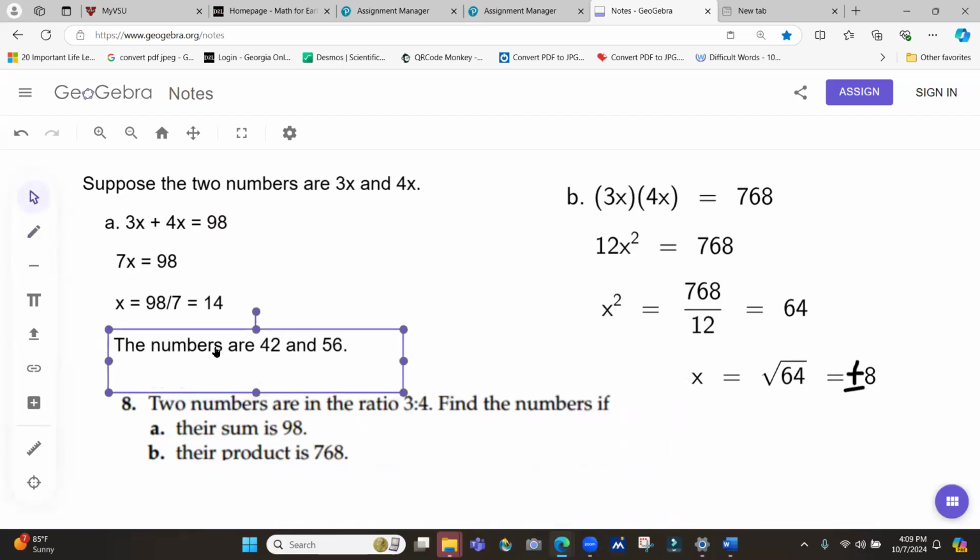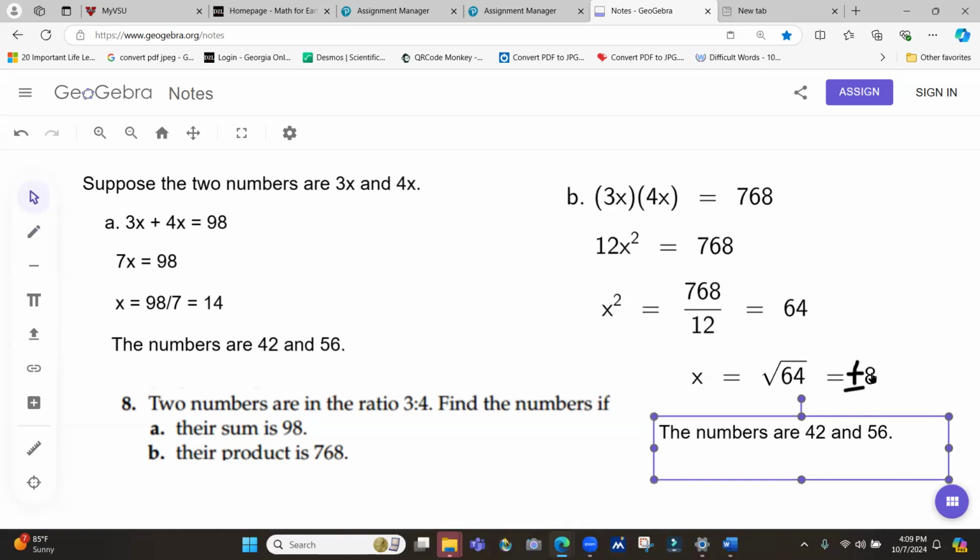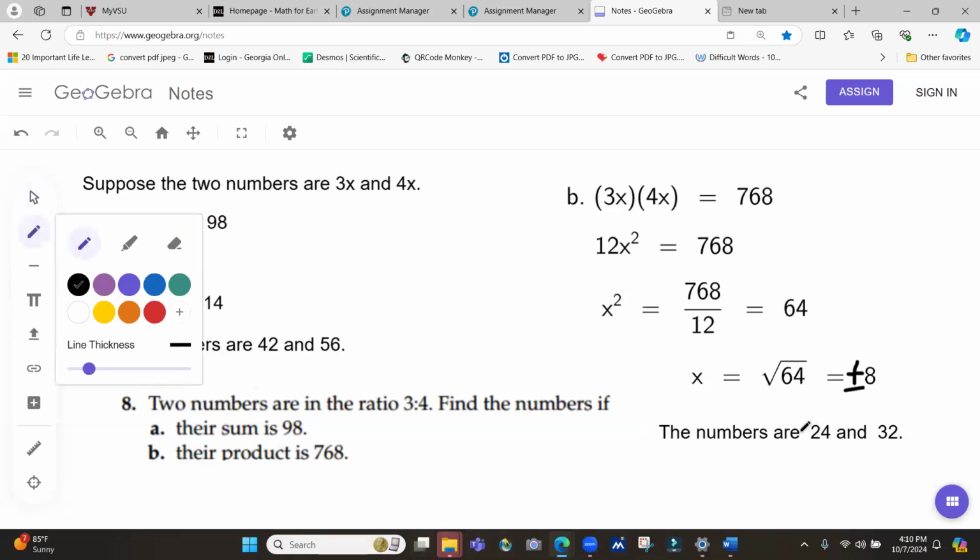So your final answer, like this, the numbers are, if x is 8, 3 times 8, 24. And when x is 8, it'll be 4 times 8, 32. And again, don't forget the plus minus. Don't forget the plus minus when you do the square root.